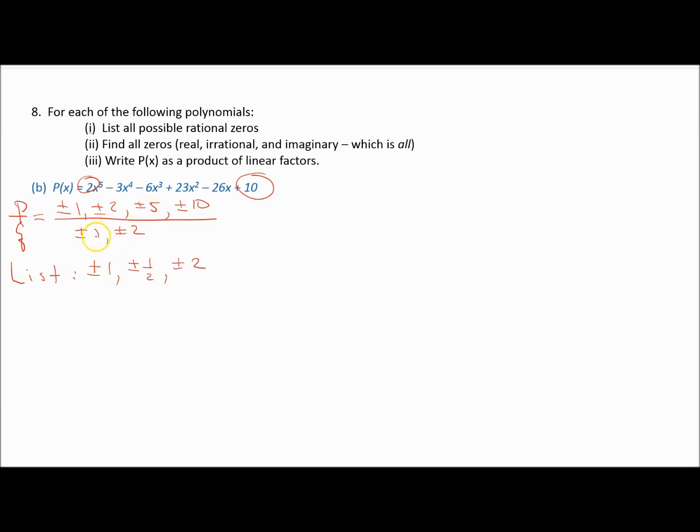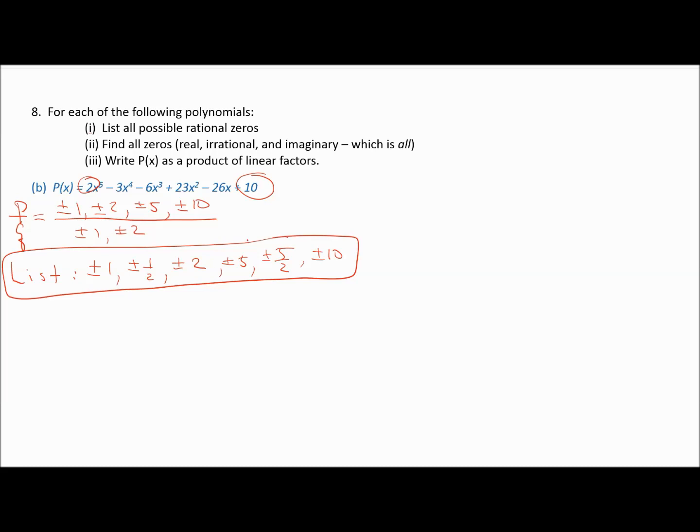Then I put 5 over 1, which is plus or minus 5. 5 over 2, it's plus or minus 5/2. 10 over 1, which is plus or minus 10. And then 10 over 2 reduces to 5, and it's already on the list. So now I have a complete list of possible rational zeros.